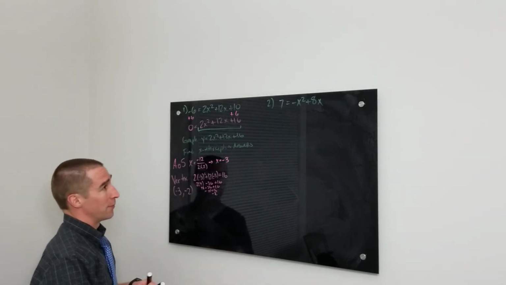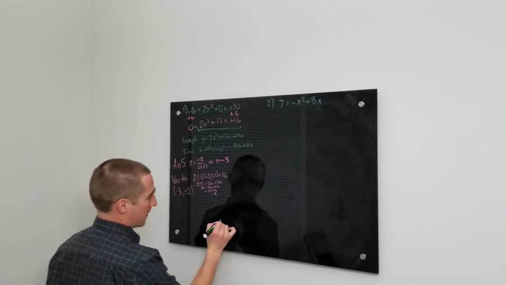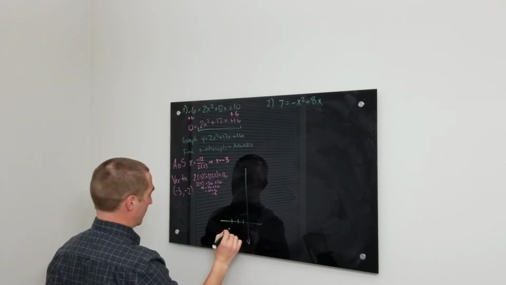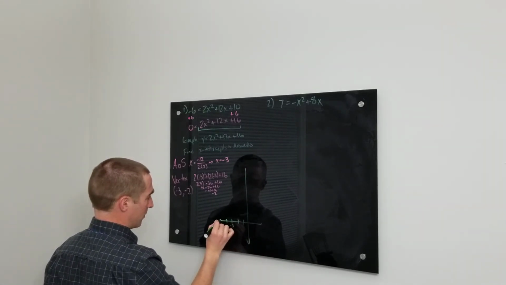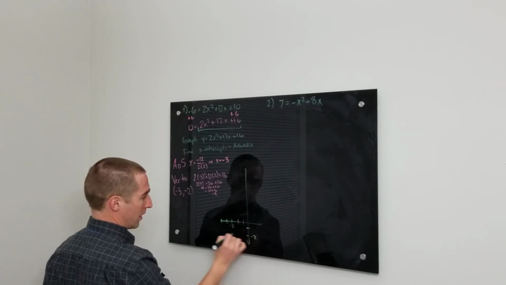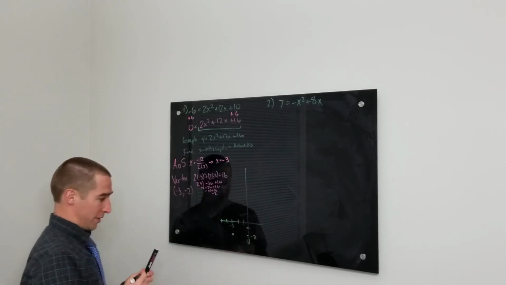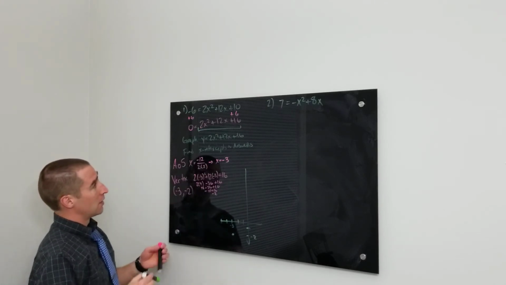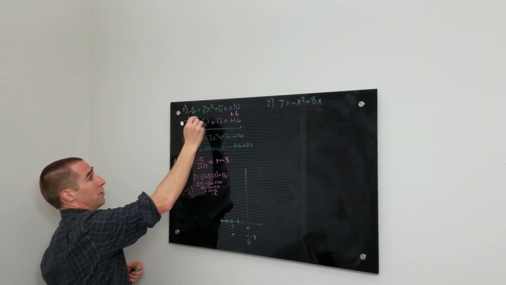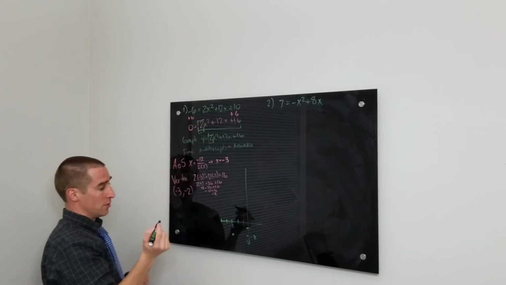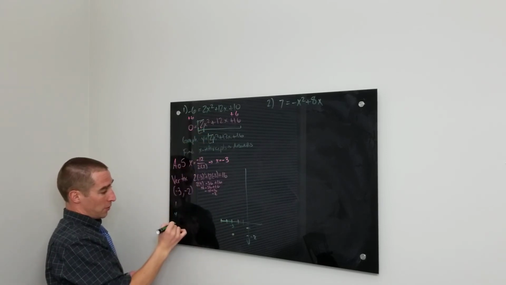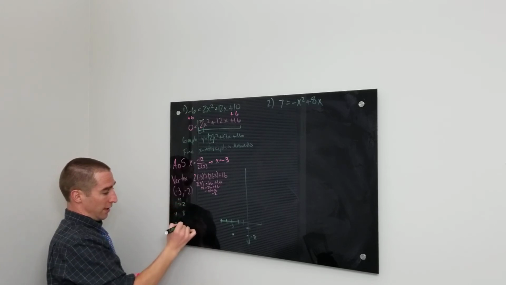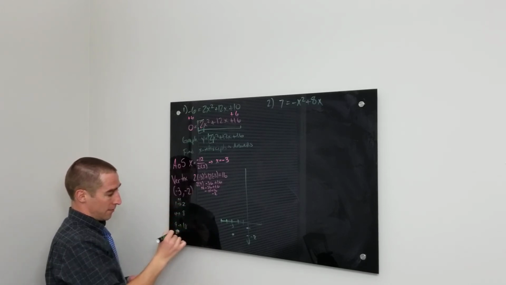So if I'm going to graph this, 1, 2, 3, negative 3, negative 2, there's my vertex. I notice the a value is 2. So that 1, 4, 9 is going to get multiplied by 2 to give me 2, 8, 18.